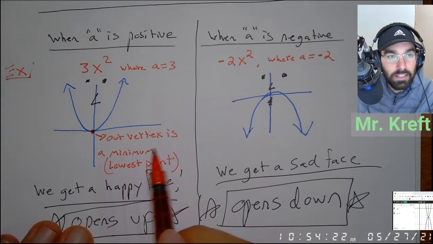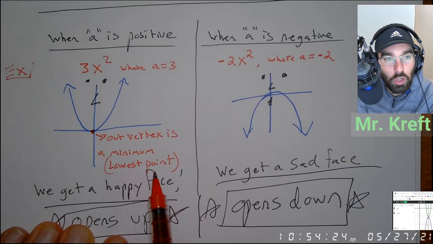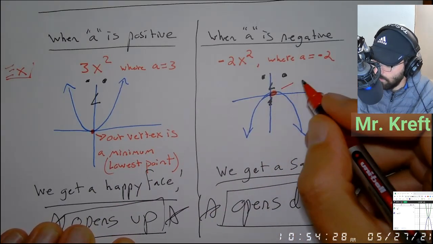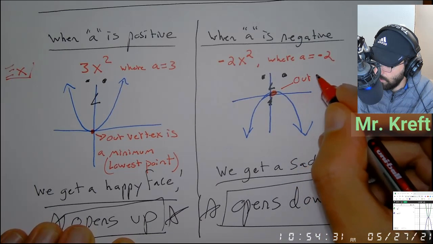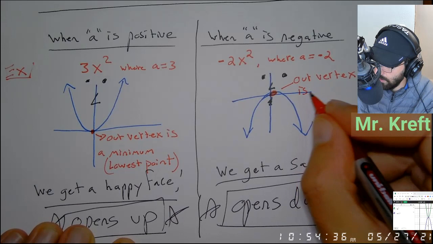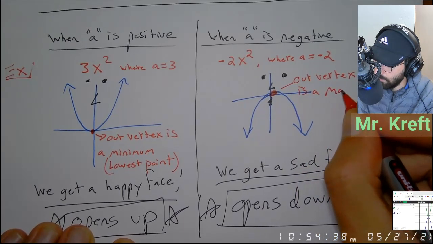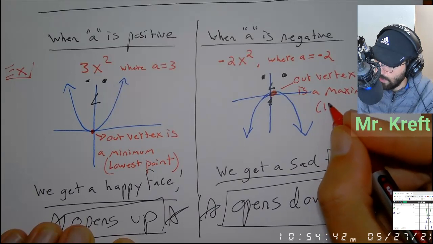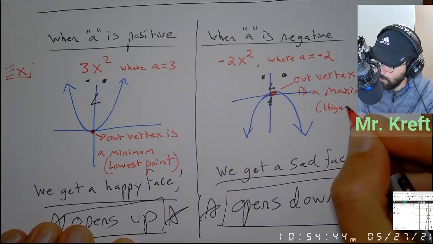So our vertex is a minimum, and that's the lowest point. And then here, our vertex is a maximum. So that means it's the highest point.